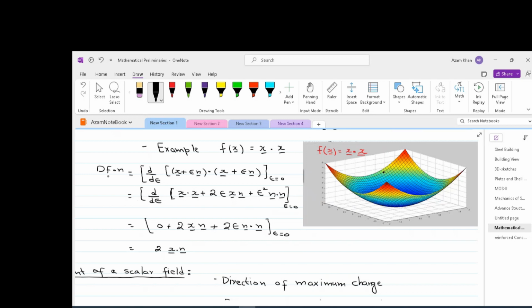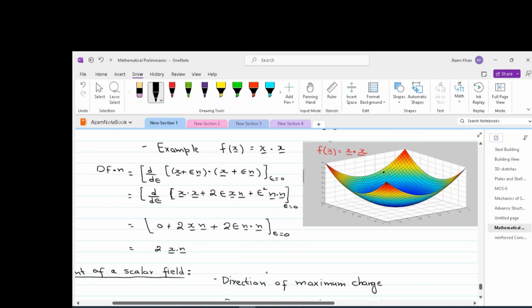The directional derivative gives us the rate of change in the direction of n, and n is a unit vector. Please note, n has only direction. Its magnitude is 1, so n will not change the magnitude of x. n will only change the direction of x.